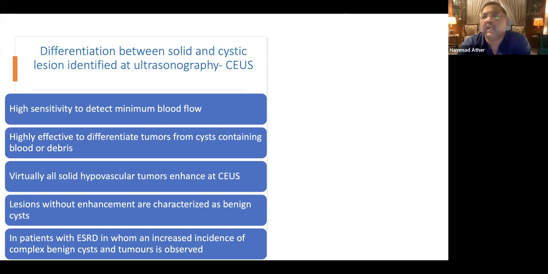It is not unusual for clinicians to see a patient with a history of multiple cysts in the kidney, or a cyst in which there is bleeding. Your CT or MR would show some element of hyperdense material or shadows in that lesion, which could be suspicious of cancer, something that we can differentiate using contrast-enhanced ultrasound.